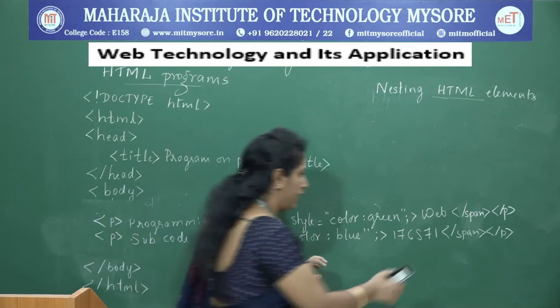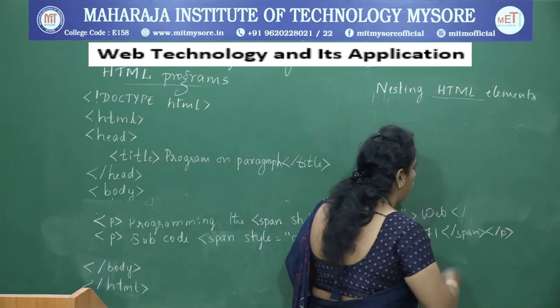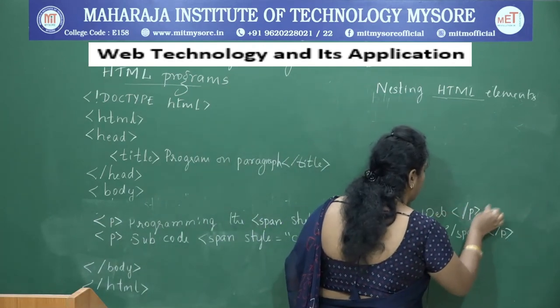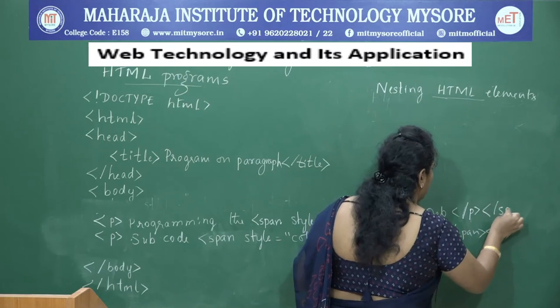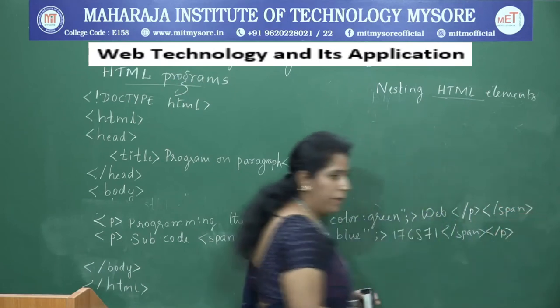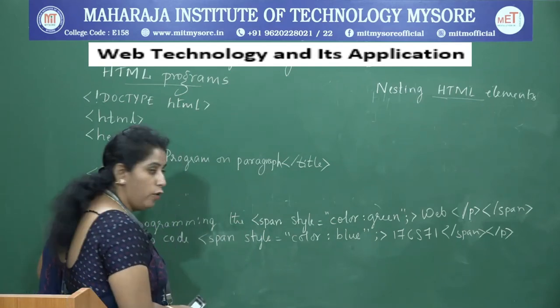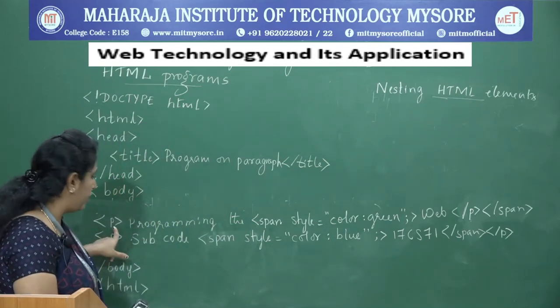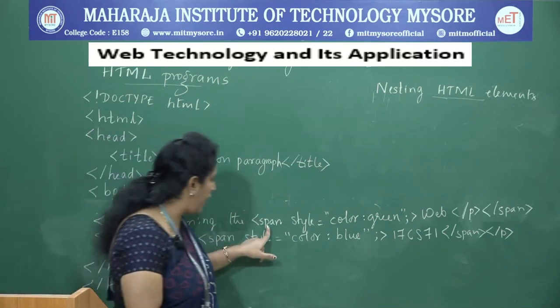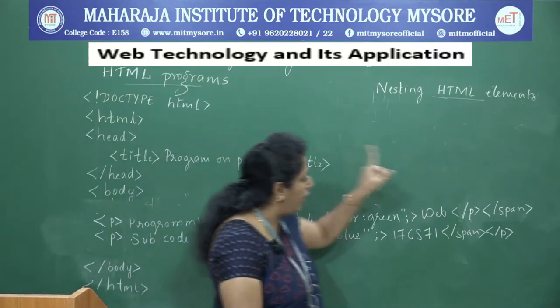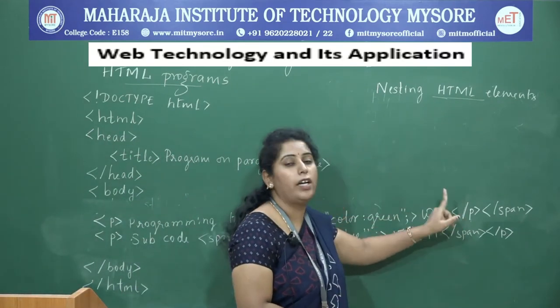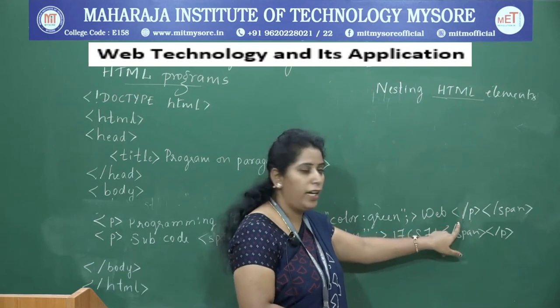In case you code in this way, what happens? Is this proper? See, the outer tag is P, the inner tag is span, and if I close the outer tag first and then the inner tag, is this correct?